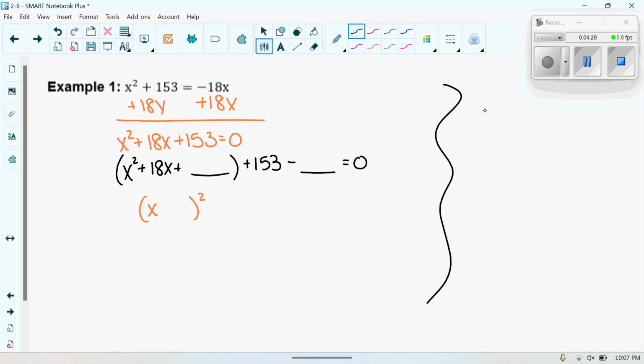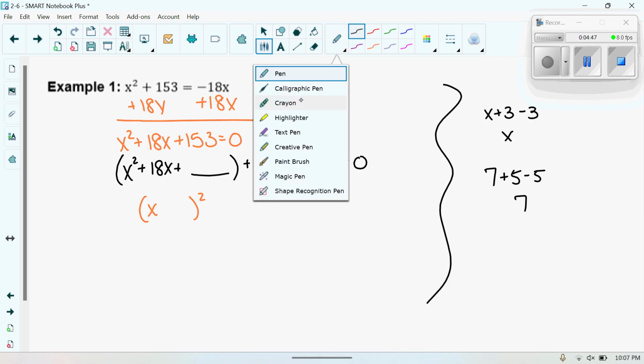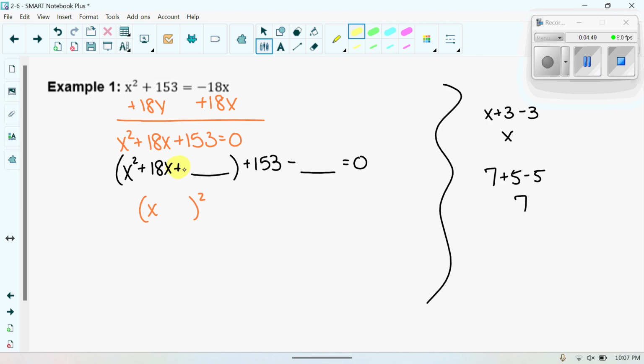If I have x plus 3 minus 3, I really just have x. If I have 7 plus 5 minus 5, I really just have 7. When I have a plus and a minus, they are called additive inverses. They cancel each other out. So by me having a plus blank and a minus blank, I'm really not adding anything to the equation. I'm just manipulating it to work.